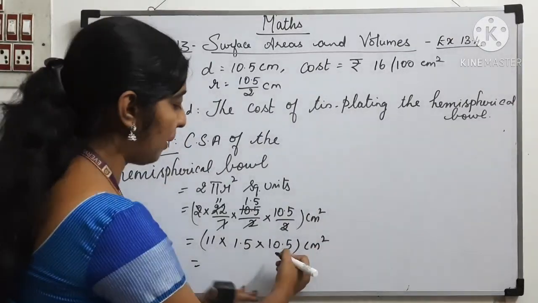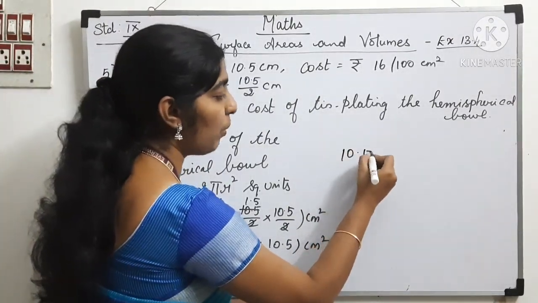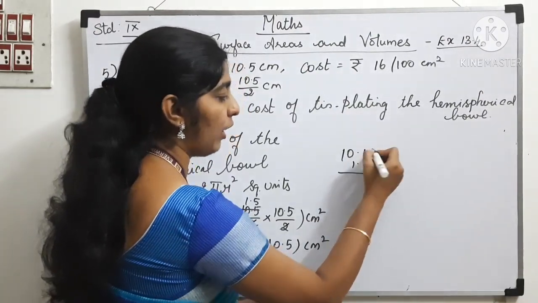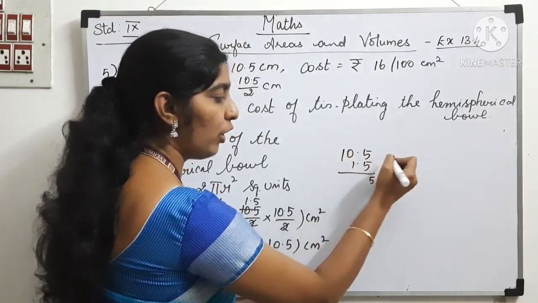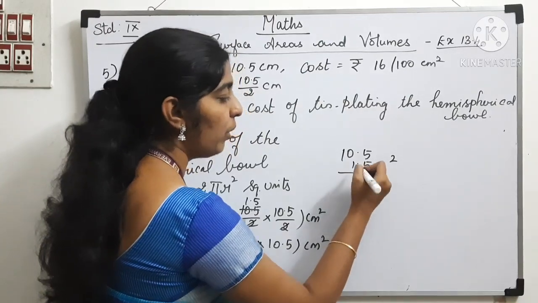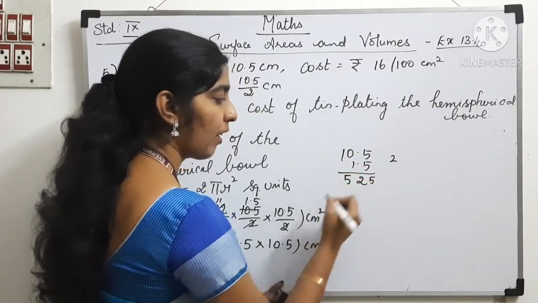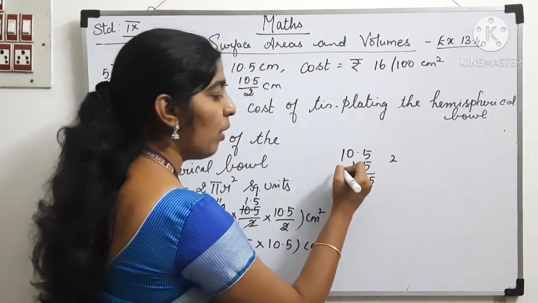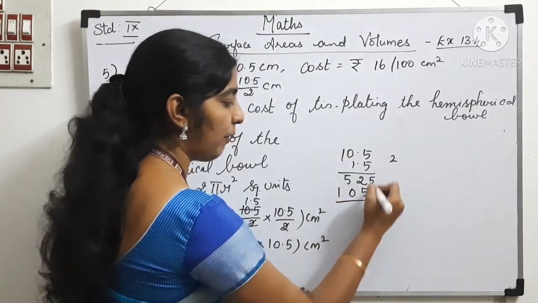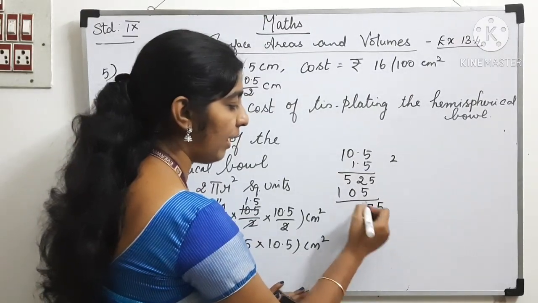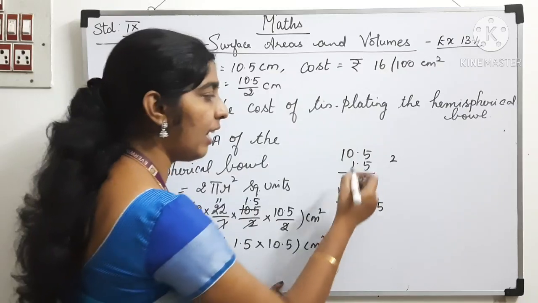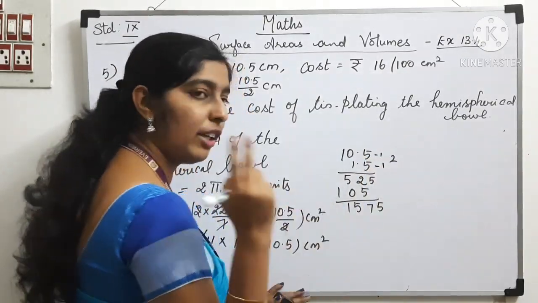First we will multiply 10.5 into 1.5. 5 5s are 25, 2 carry over. 5 into 0, 0 plus 2, 2. 5 1s are 5. 1 into 5, 5. 1 into 0, 0. 1 into 1, 1. When we add this, 5, 7, 5, 1. Now after the decimal, how many places are there? Here 1, here 1, altogether 2 places.